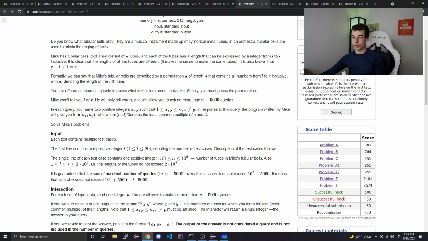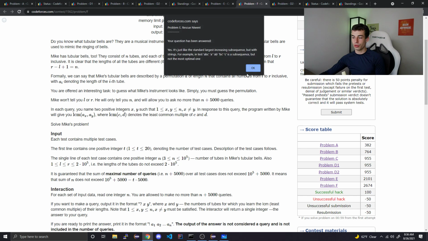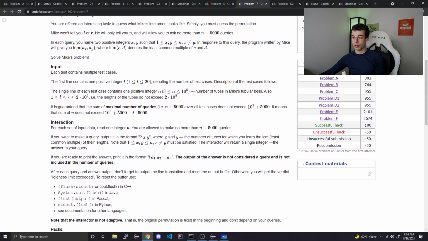Lowest common multiple. Yes. Okay. Thank you. It's guaranteed that the sum of maximal number of queries doesn't exceed 10 to the 5th plus 5,000.